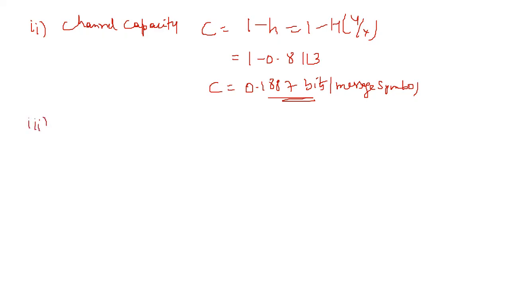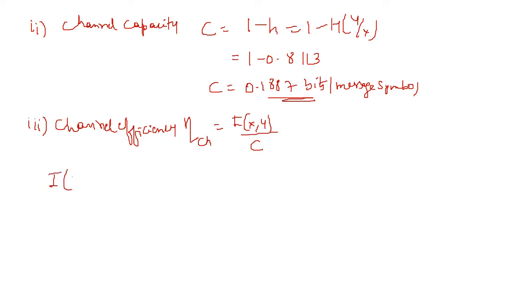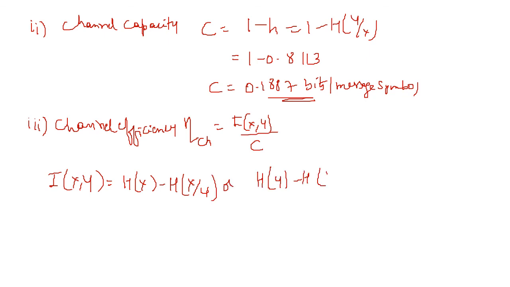Third part of the question is finding the channel efficiency. So channel efficiency by the definition is given as eta_ch, which is I(X,Y) divided by the channel capacity. Now to find I(X,Y), it is given as H(X) minus H(X/Y), or we can write it as H(Y) minus H(Y/X).